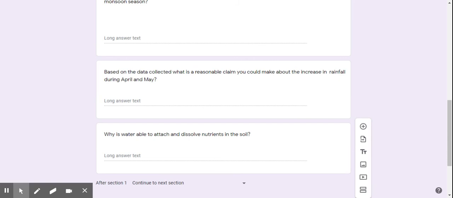It's like magnets, opposites attract. Water is like a magnet, so it's able to attach to pretty much everything. And what do we call this? Polarity. Water is able to attach and dissolve nutrients in the soil because water is polar. It has polarity, and polarity means that it has a positive and a negative side.